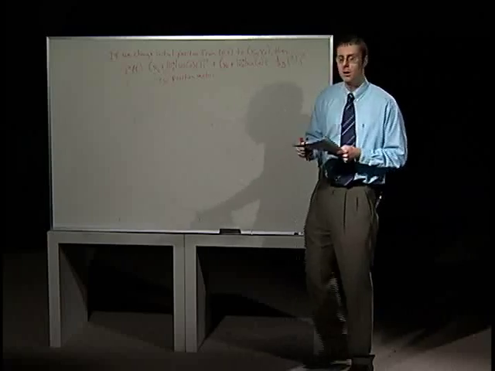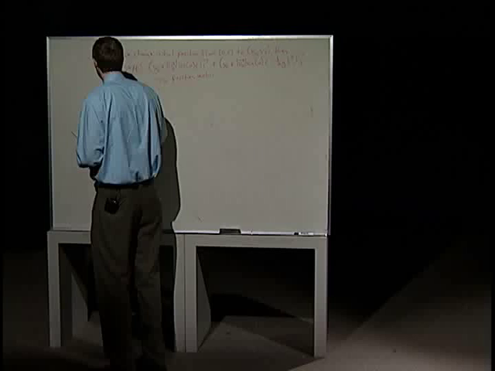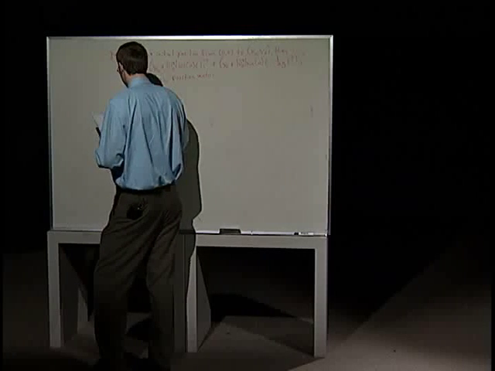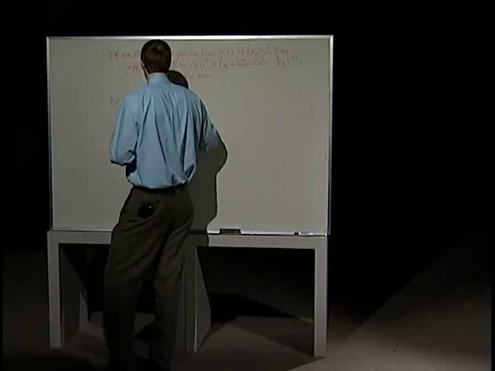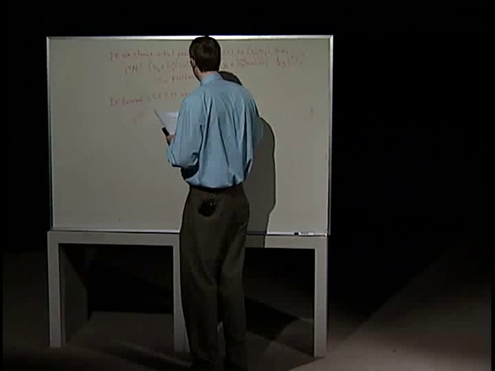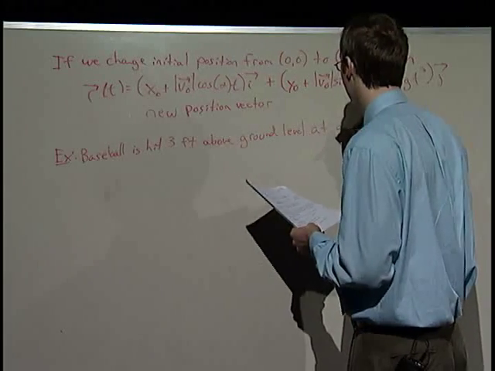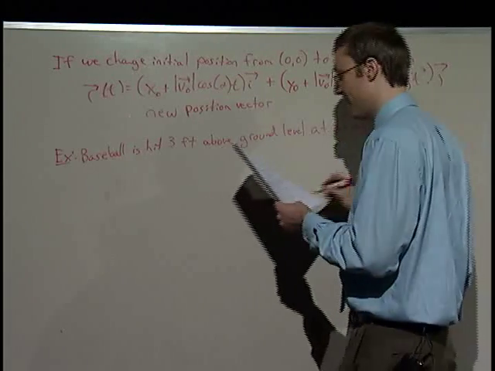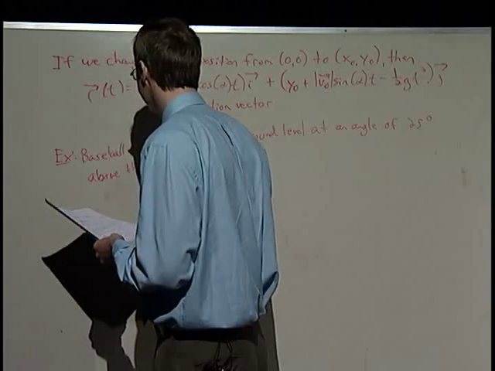Okay, all right, let's do an example here. We can make this topical. A baseball is hit 3 feet above ground level at an angle of 25 degrees above the horizontal.